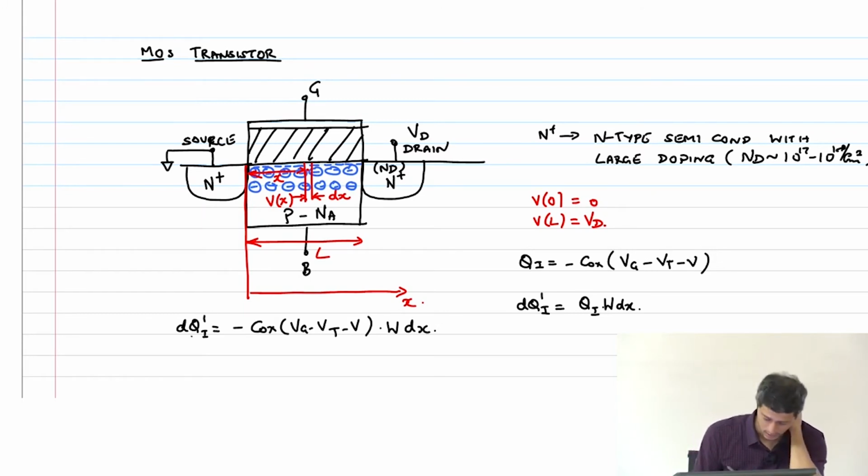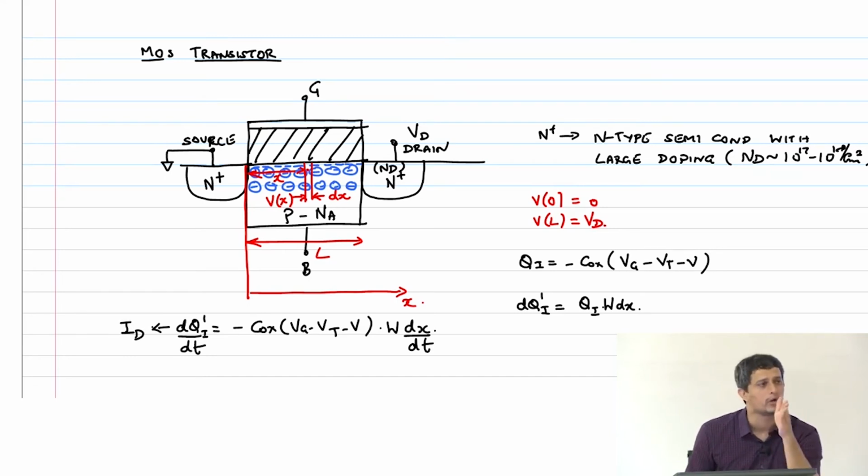So I just differentiate with respect to time. This has to be a current, and this is called the drain current. The equation of continuity says that the drain current has to be the same through the channel. It can't be different, so it's not going to depend on the position. Otherwise, you'll have charge accumulating in one place. And this dx by dt, what is this?